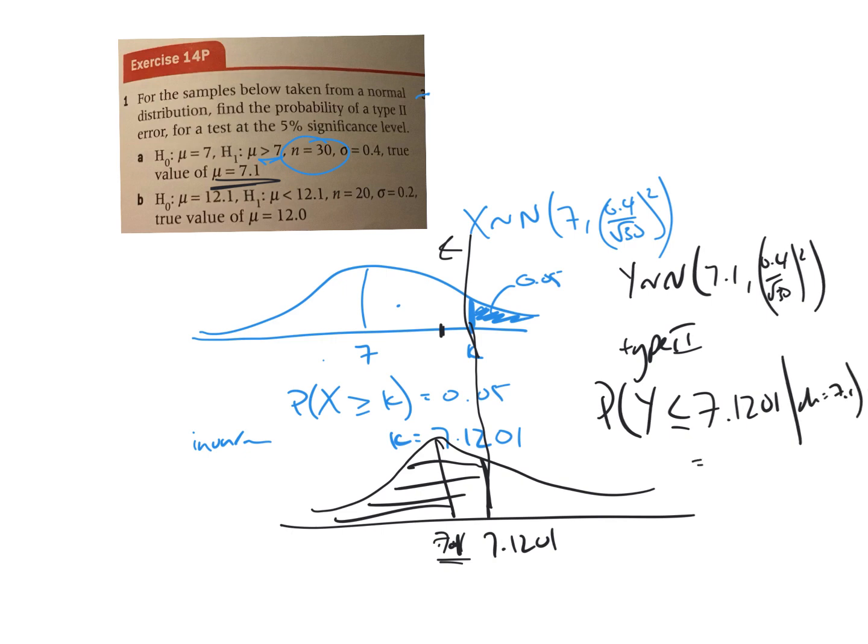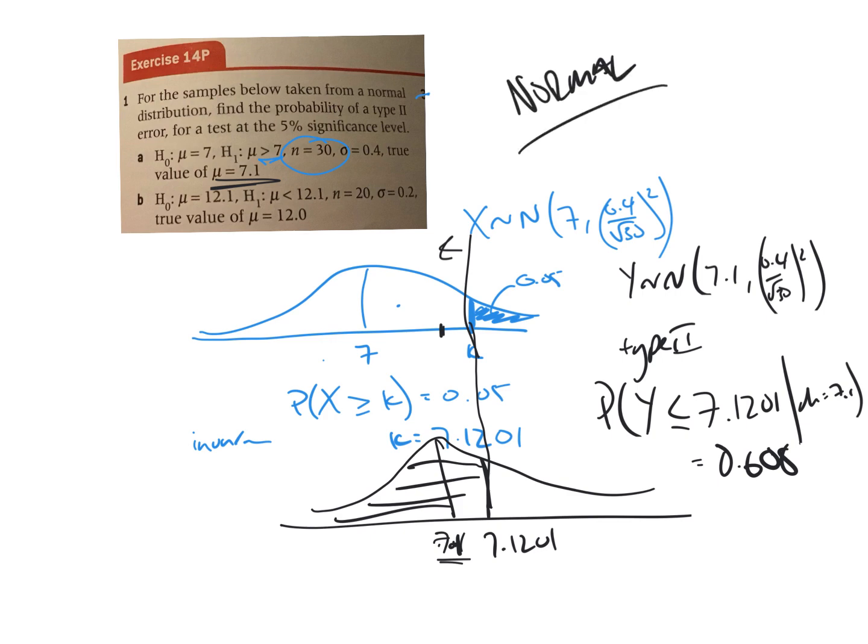So when I calculate that probability by normal CDF, I put 7.1201 in my calculator, and I get 0.608. And so this is type 1, type 2 when you have a normal distribution.